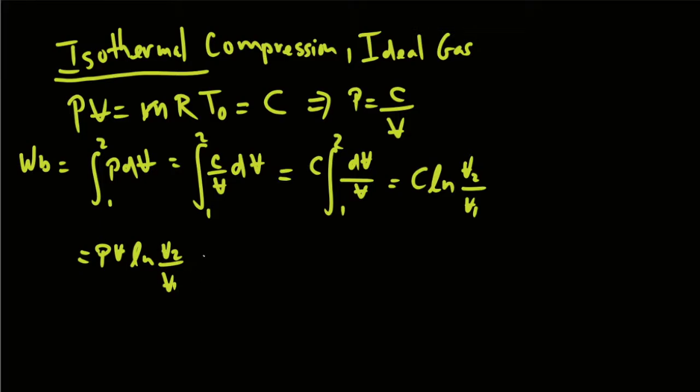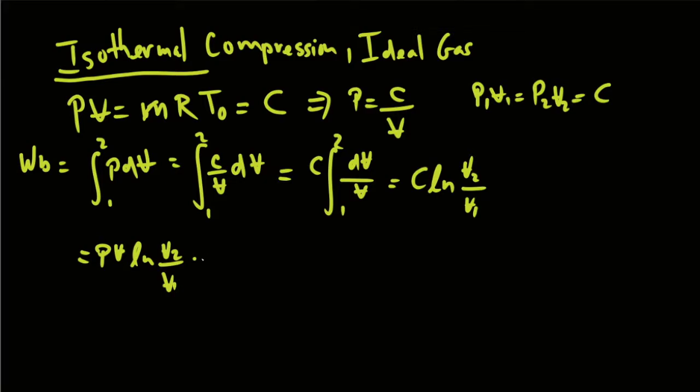And now, since pressure times volume is a constant, we know that we can say P1 V1 is equal to P2 V2, because after all it's just a constant. Right now we're going between state 1 and state 2, so P1 V1 is equal to P2 V2. Therefore this P and V can be any pair, any state.